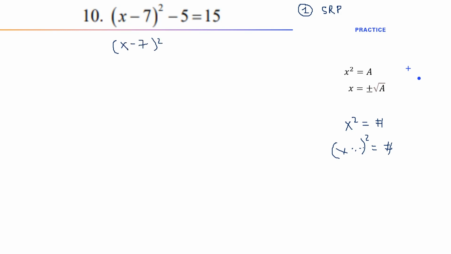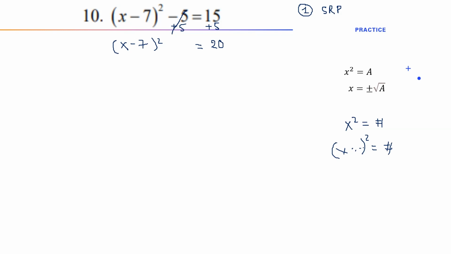So now let's isolate that squared expression. We have minus 5. I want to isolate it, so I add 5 to both sides. On the left hand side, minus 5 plus 5 is 0. On the right hand side, 15 plus 5 is 20. Now you see it looks like that? Yes.